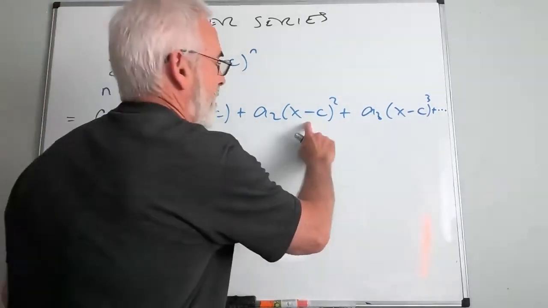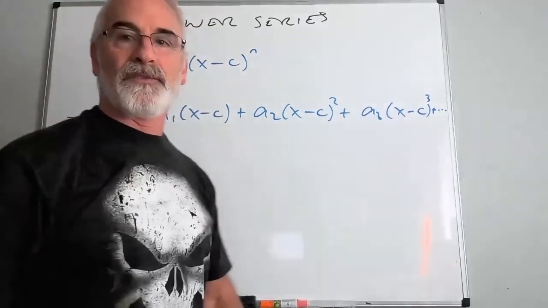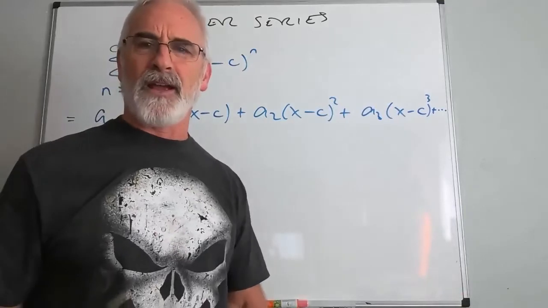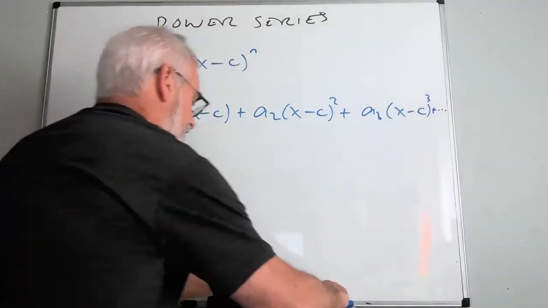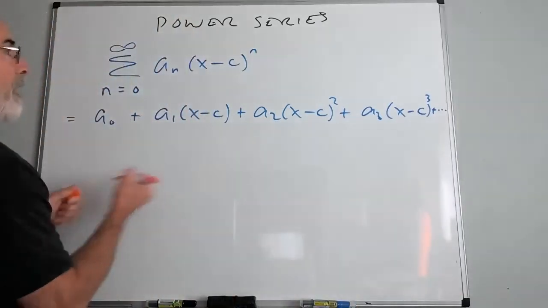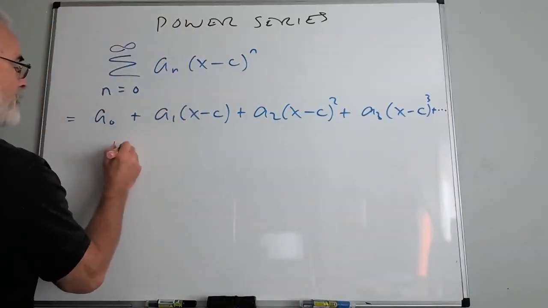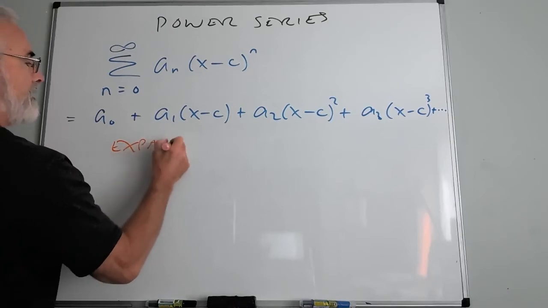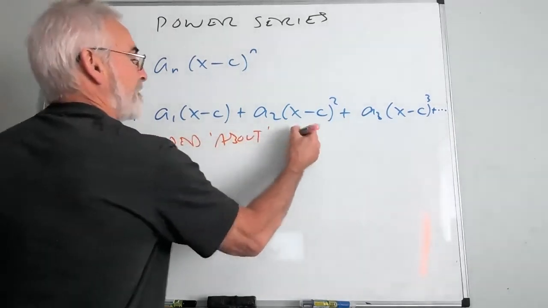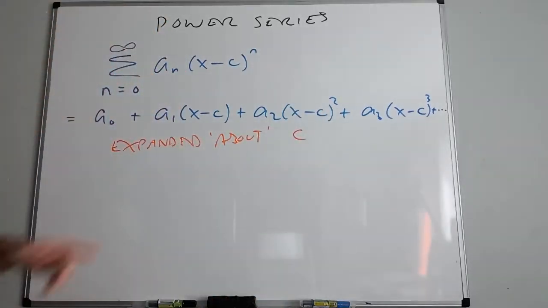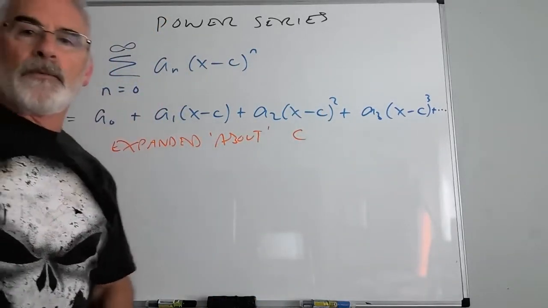Now, I'm really not interested in expanding this, multiplying that out. That would be nightmarish because remember, this is going to go on forever. So we say that this particular power series is expanded about C, which means that value is really important.